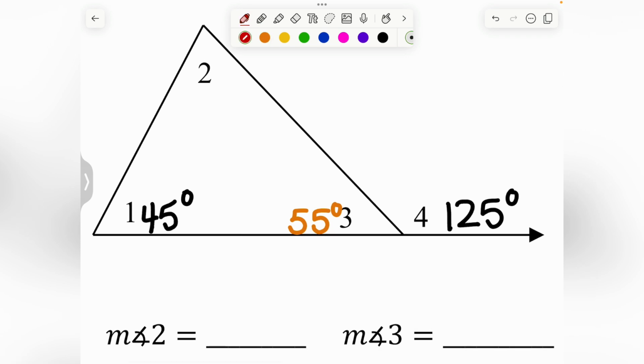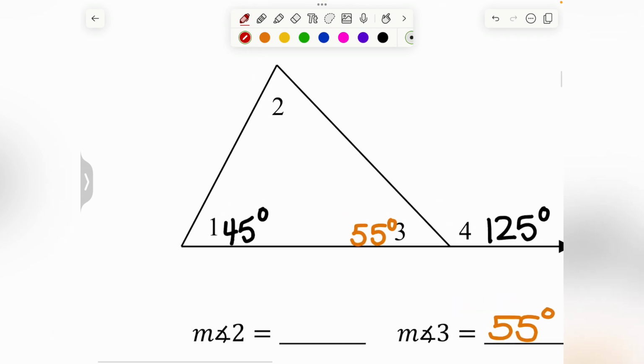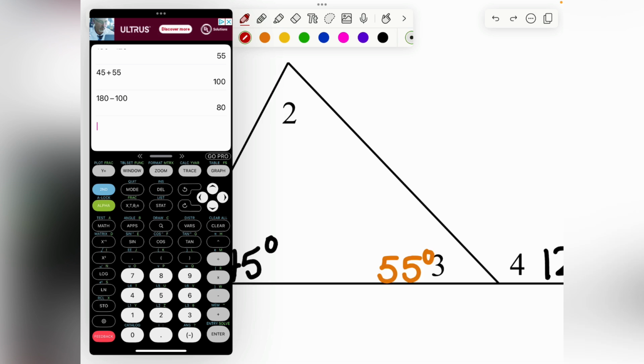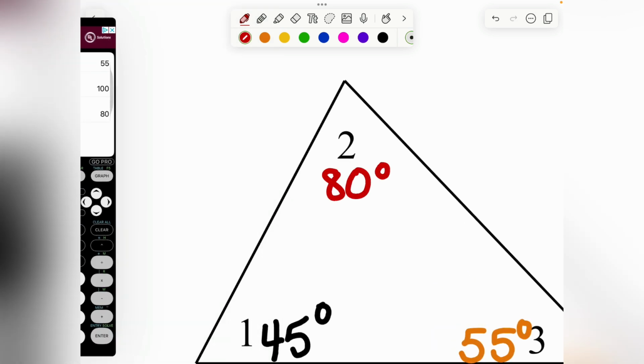Okay, so angle 3 is 55 degrees. How can I find angle 2? Well, I know two of the angles of the triangle, so I can do 45 plus 55, and since all triangles add to 180, I can subtract that sum from 180, making this one an 80-degree angle.